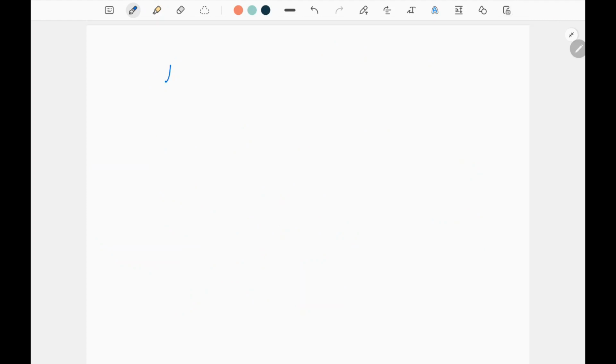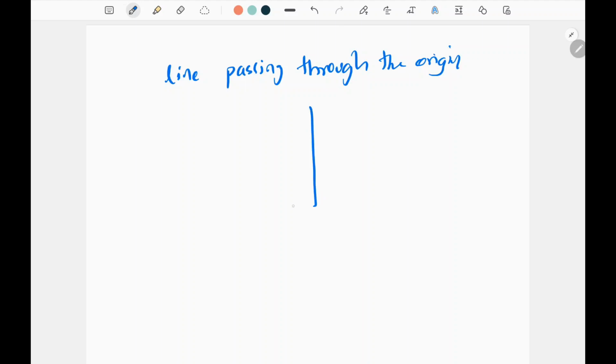Now we will see a line passing through the origin. Okay. Now, if a line passes through the origin, then my intercept will be 0. c is the intercept in our equation, mx plus c.